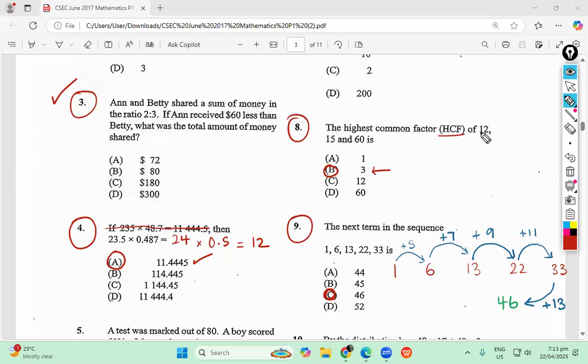LCM will be at least as large as, and in most cases larger than, all 3 values. So I think you're mixing up HCF with LCM. In case I'm just asking, if they were asking for the LCM, it would be D. All right, so let's move on.